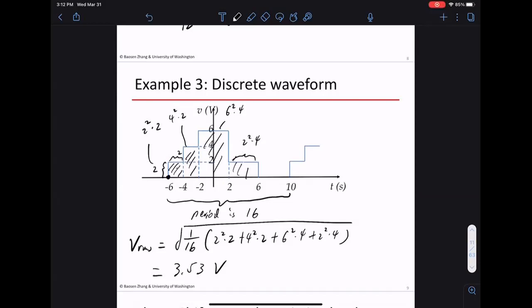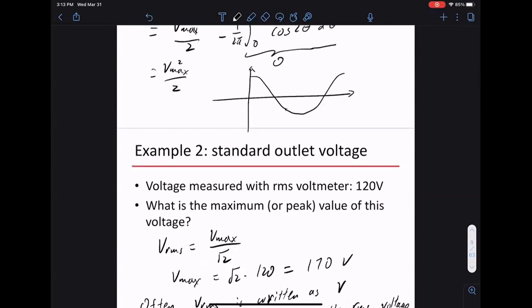The level of integration you need in this class: you have to be able to integrate some constant value like this. You have to be able to integrate a straight line. It's fair to give you a question like this: what is the RMS value of a waveform like this? I expect you to know how to integrate linear functions, constant functions, and sinusoids, because we gave you this equation.